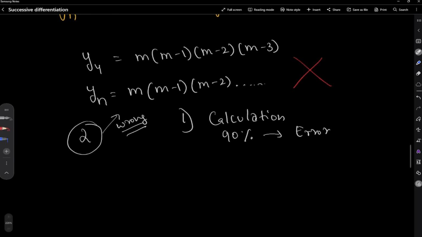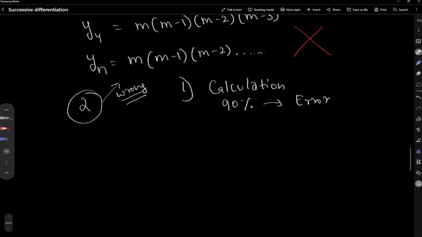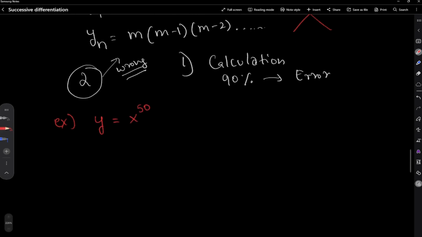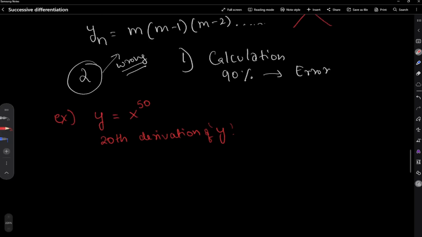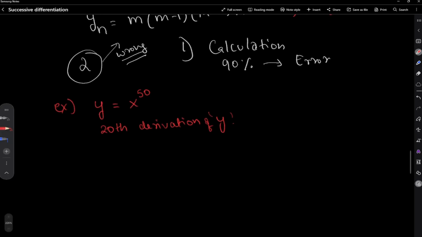And why did I say calculation? Let's take an example. y equals x raised to the power, suppose, 50, and I want to find the 20th derivative of function y. Now, if I manually decide to solve this question, I will turn old. This will take so long. My first derivative will be 50 times x raised to the power 49.